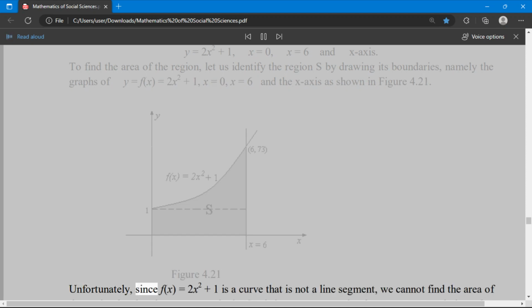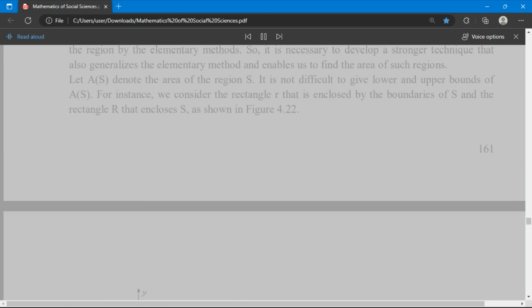Unfortunately, since f(x) equals 2x^2 + 1 is a curve that is not a line segment, we cannot find the area of the region by the elementary methods.